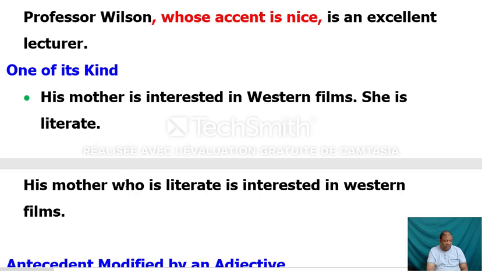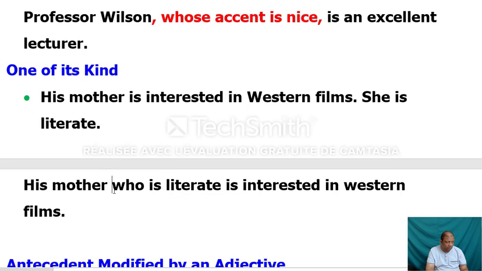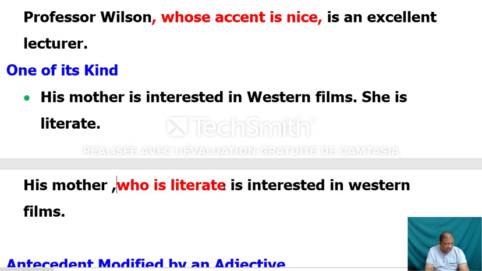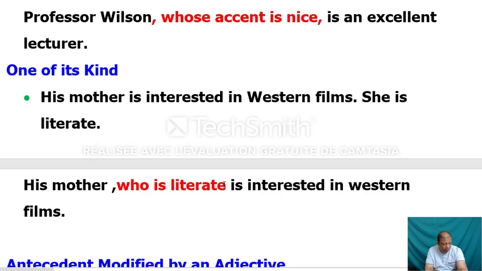The adjective clause here is who is interested. And in this case, it is non-restrictive. Why? Because everyone has just one mother. Okay, am I clear? So let's move to the other one.